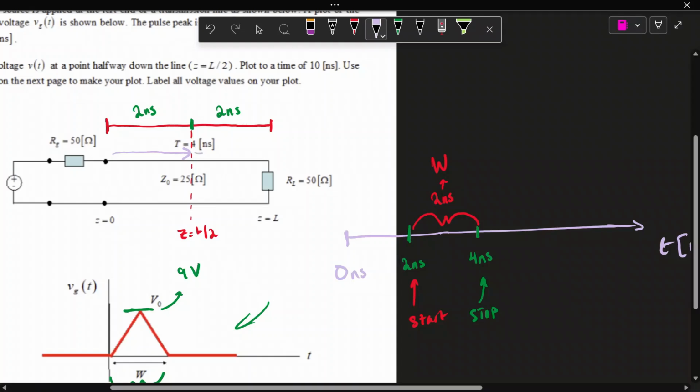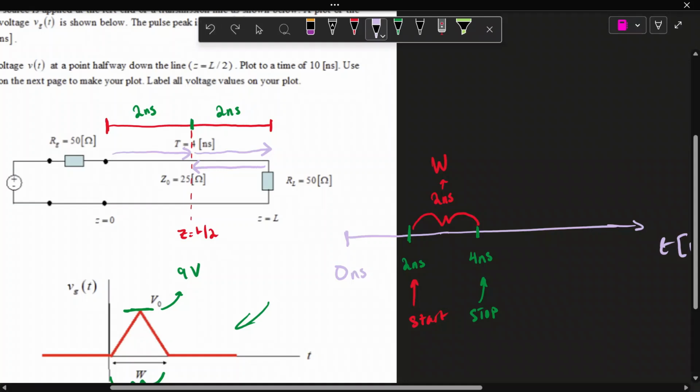Then it's going to be going from 2 nanoseconds plus 2 nanoseconds to the load. That's the whole 4 nanoseconds. That's when our initial incident voltage will end. Now, how long does it take for the reflected wave to get back to halfway? It'll take a constant 2 nanoseconds.